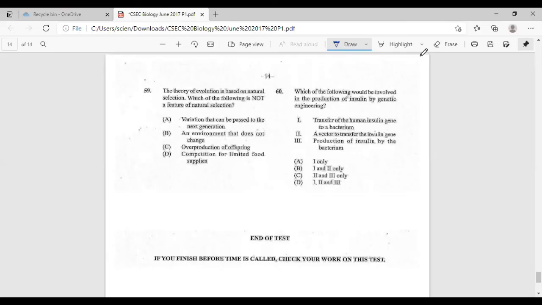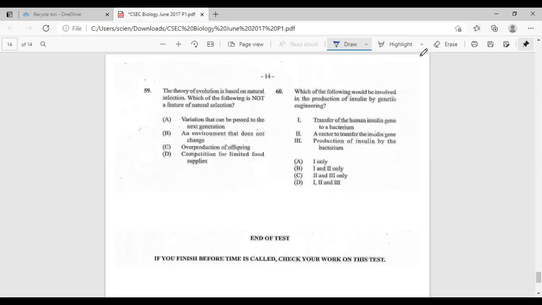So now we have to remember what natural selection is, which is changes in members of a species over a period of time or over generations to create a different species. And when I say different, I mean a new species.